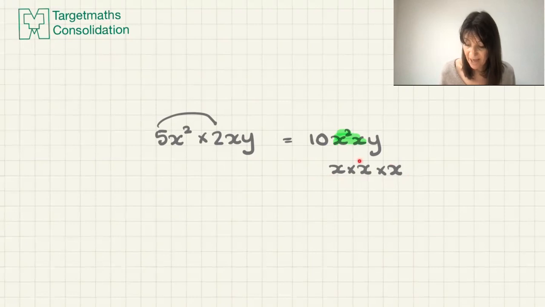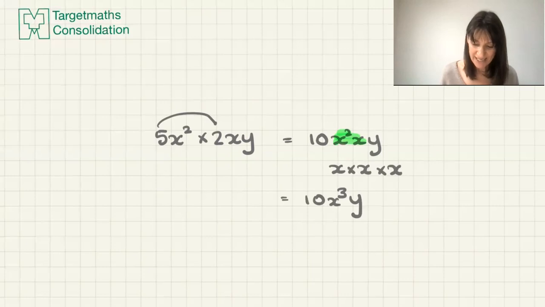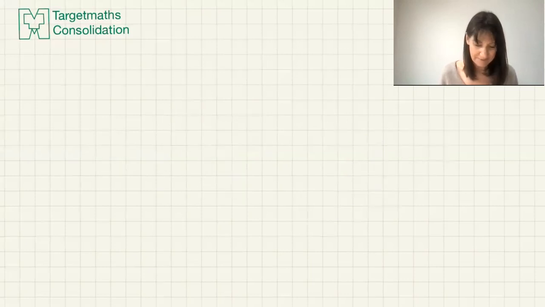When I see that, it's easy to see that the answer is 10x to the 3y. And if you manage to get x to the power 3, absolutely brilliant, because we haven't really seen that. I just thought I'd pop it in there. You know me, I'm always pushing, trying to get you out of your comfort zones.